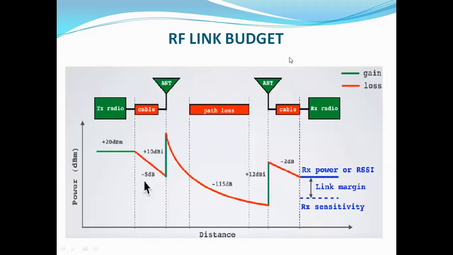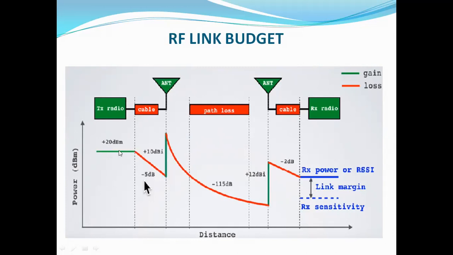The RF link budget is basically the phenomenon of how signal power deteriorates with distance. This is the transmitting end, so let's consider this is the ground transmitting station. This is the initial transmitting power of the signal.